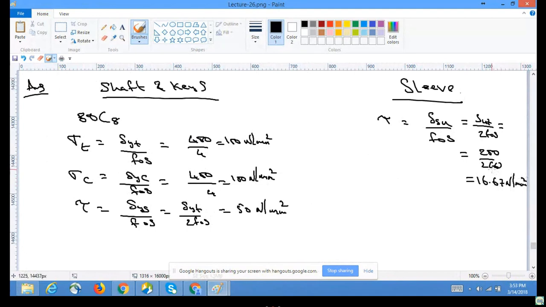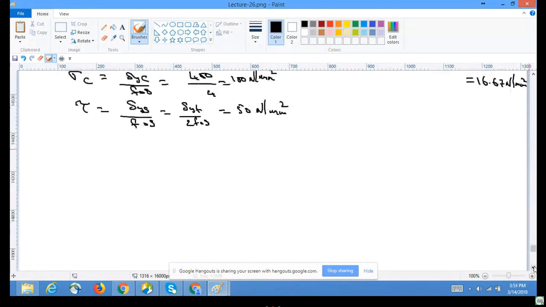So with this, these are the given parameters, we have to calculate the torque that is required.